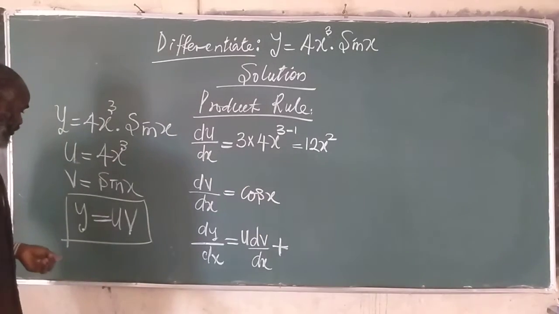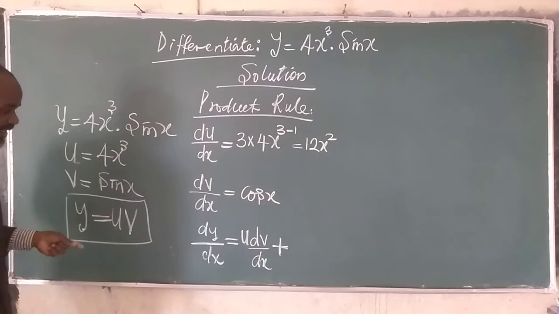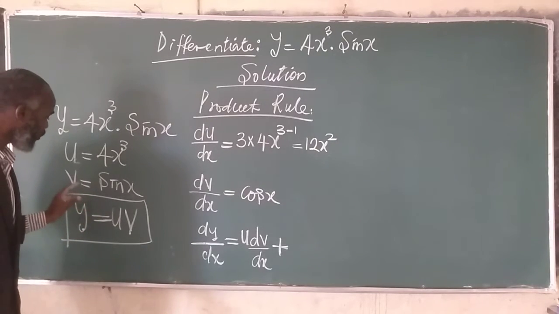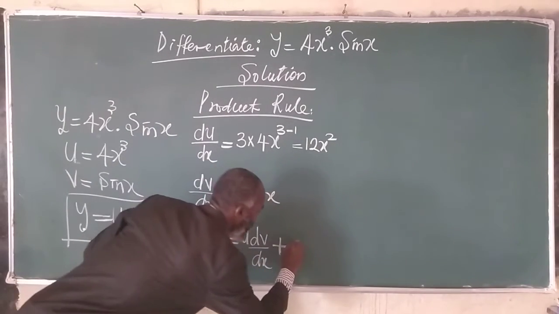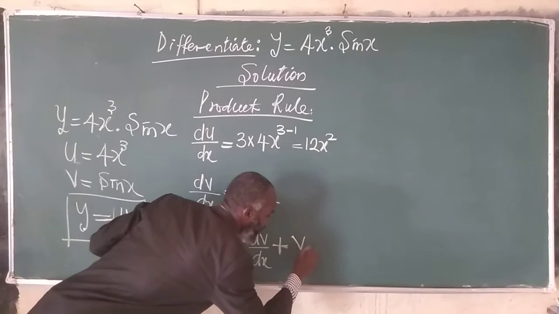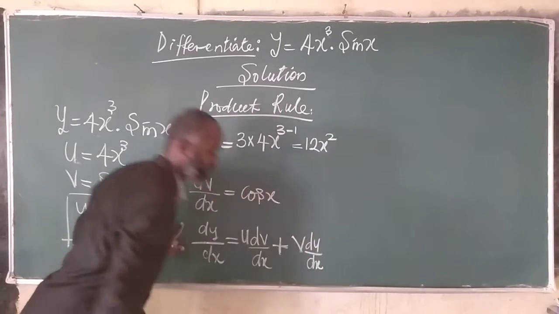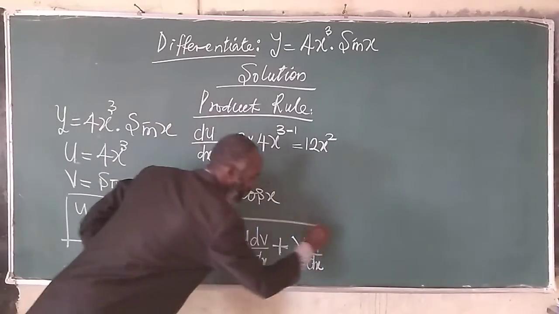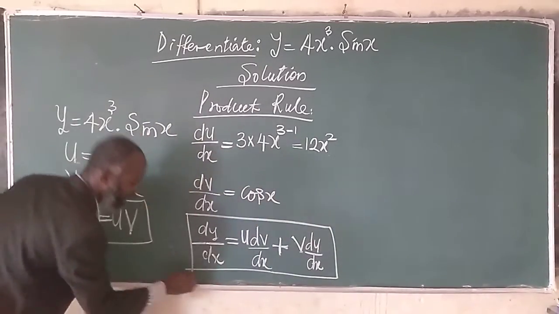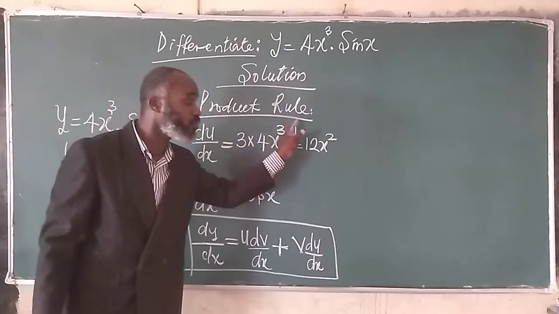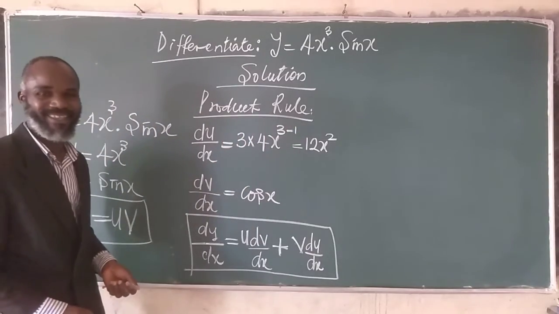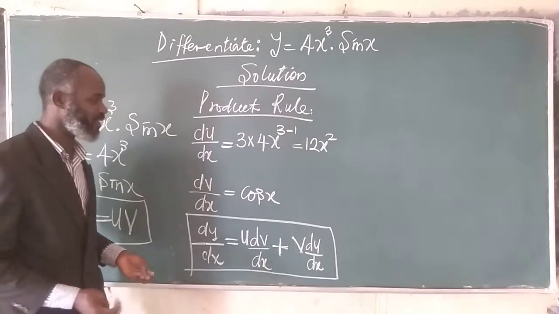Then we go again, keep v this time around, and differentiate u with respect to x. So this is the formula known as the product rule. Isn't that interesting? Very, very interesting.